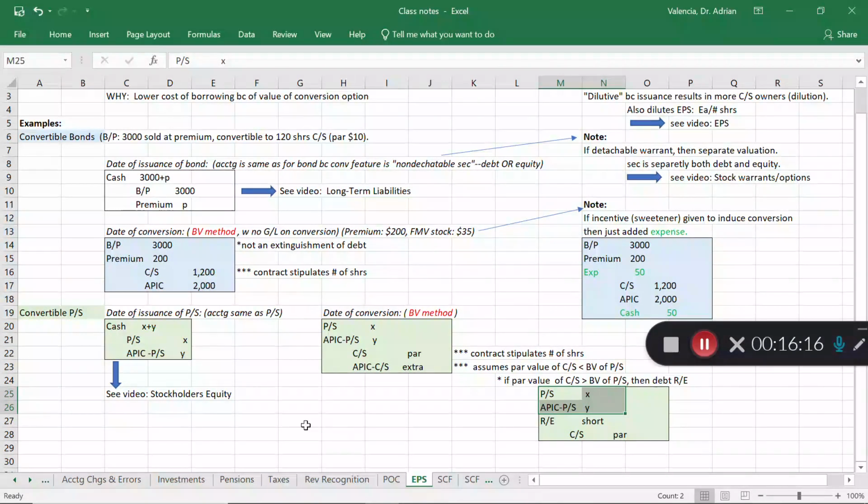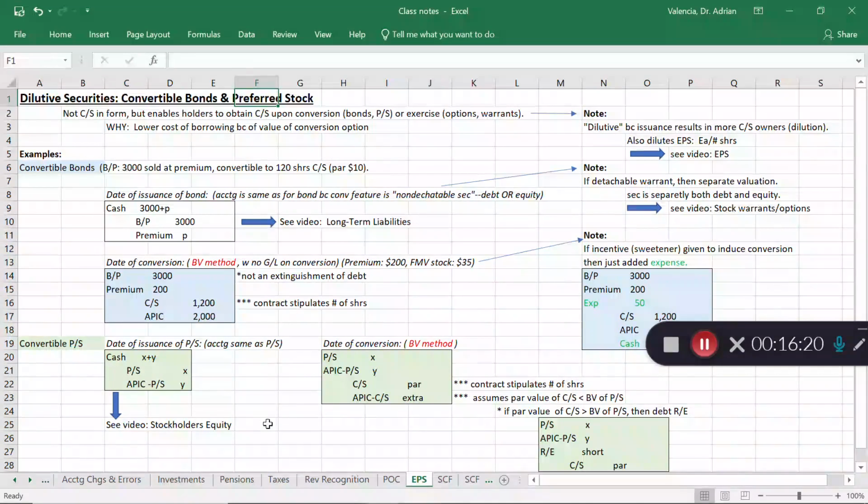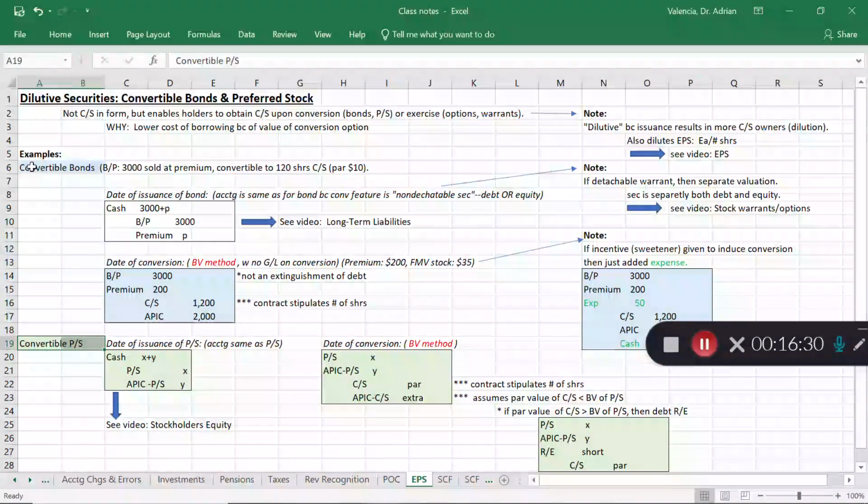Okay? All right, so real quick, let me recap what we've done here. There are certain financial instruments out there. In this case, I gave you an example of convertible bonds and convertible preferred stock. So there are instruments out there that initially are not common stock in form, but if they are converted, like these two right here, then they become common stock.